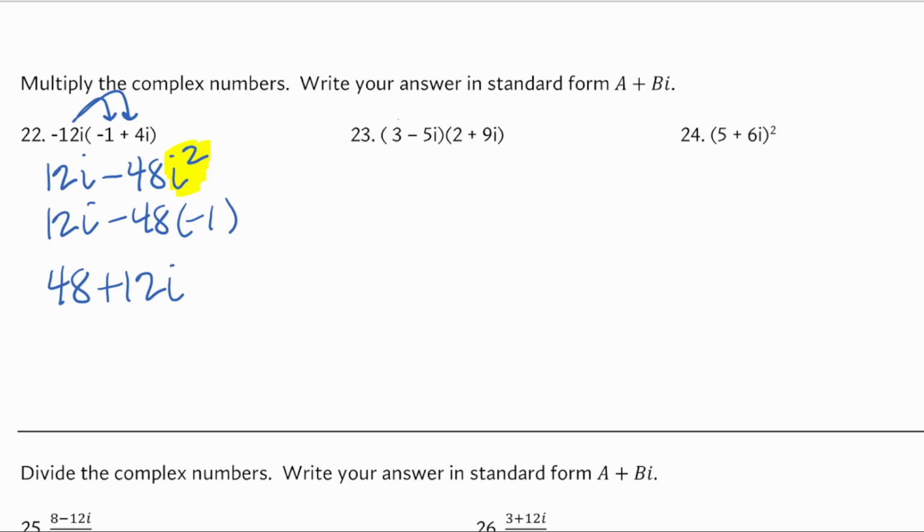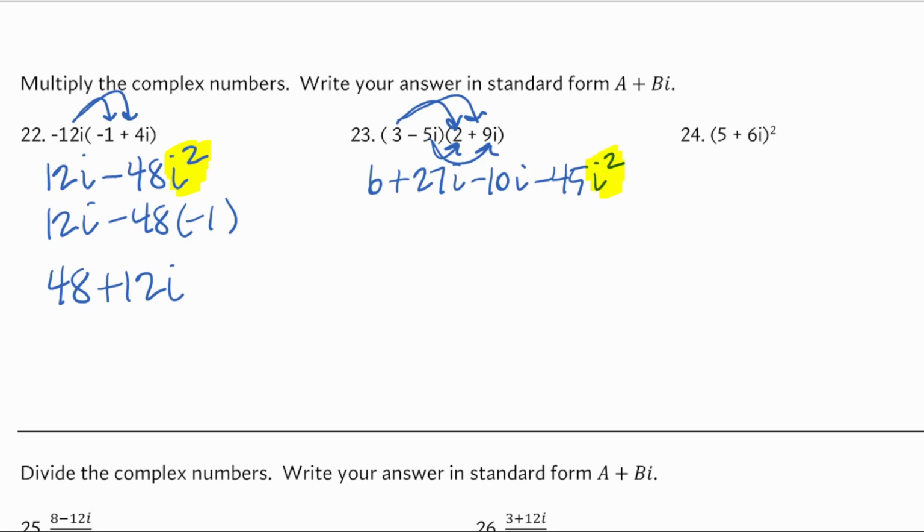With the next one, I'm going to pretty much do FOIL, so 3 times 2, 3 times 9i, negative 5i times 2, and negative 5i times 9i would be negative 45i to the 2. Same story here.